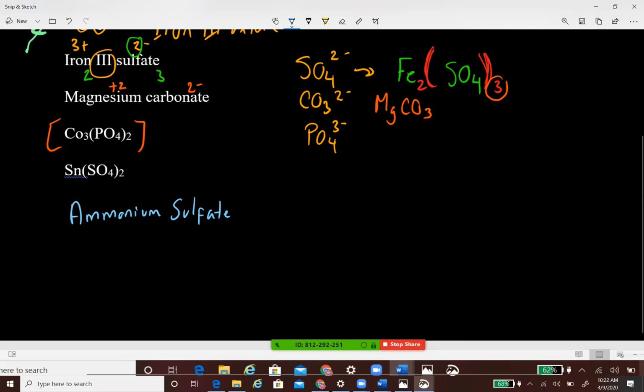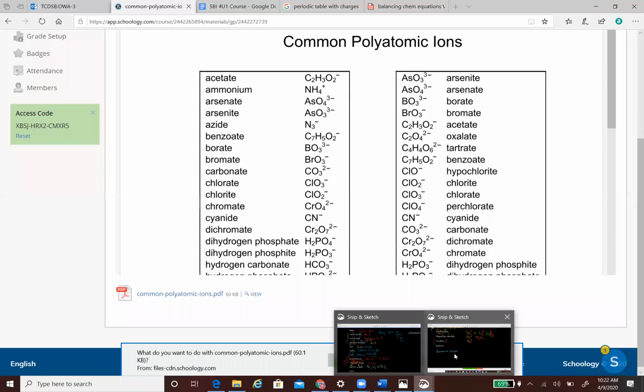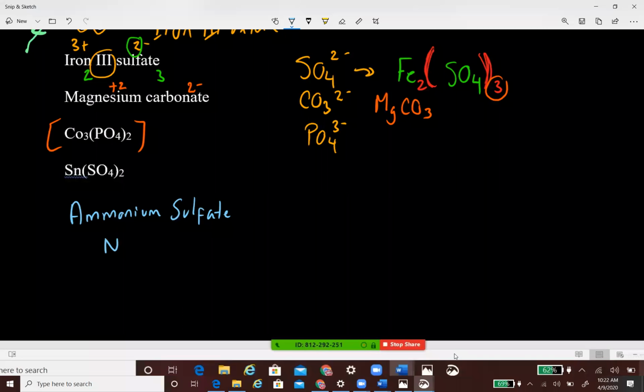According to the periodic table, ammonium is NH4 plus, and we know sulfate is SO4 2 minus.